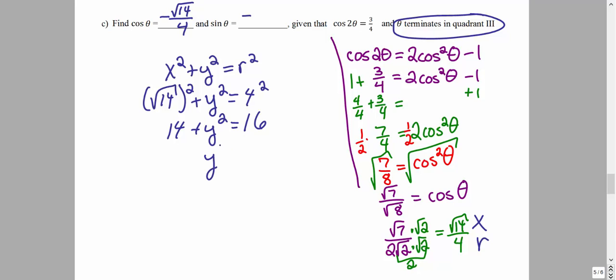Subtract 14 from both sides. Take the square root of both sides. We end up with plus or minus the square root of 2. Since we know that sine is negative, then we know we're using the negative value for y. So it's the y value of negative square root of 2 divided by the r value, which we said was 4.